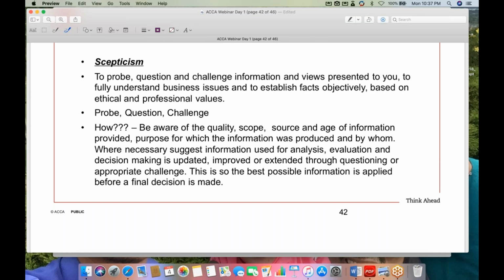Some organizations do have procedures in place, but the next thing you should be questioning is, if they have procedures in place, why is this thing taking place? That means you are probing further, questioning and challenging them. If they have this in place, why is this happening?